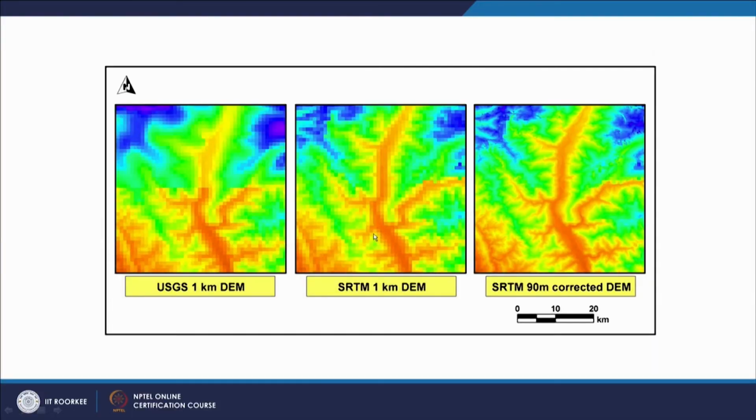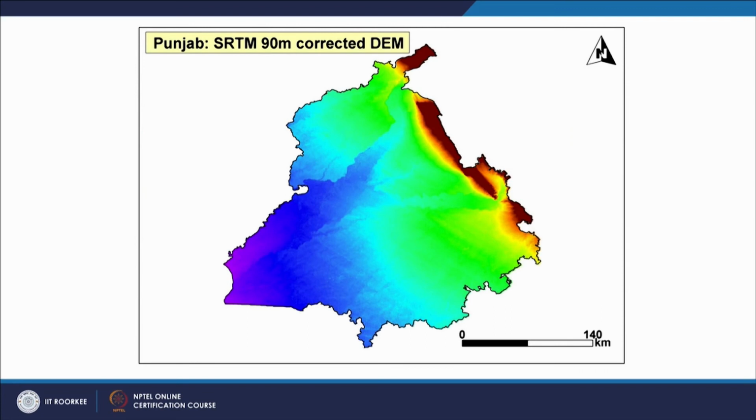But SRTM had voids problem, USGS has the seam problems, but employing some substitution techniques or some processing, you can improve the data and can create data at different resolutions. One more example of SRTM which is corrected or filled void free, is of Punjab area which doesn't have much hilly terrain.